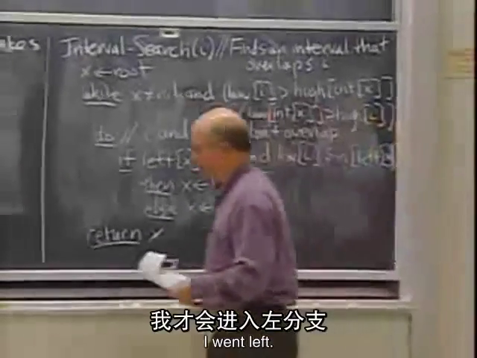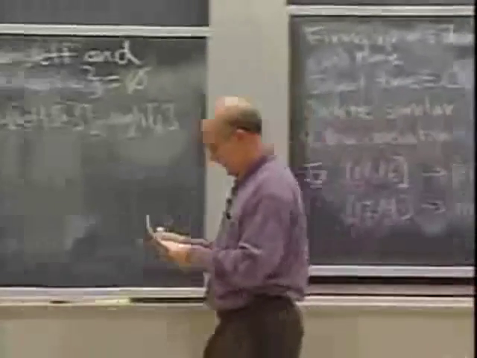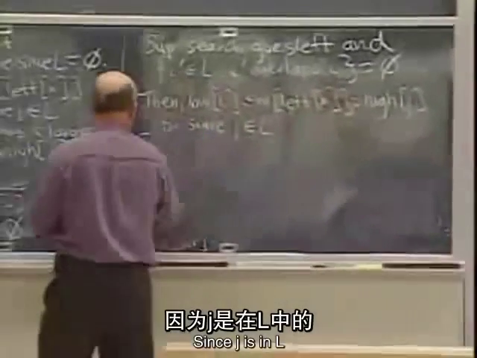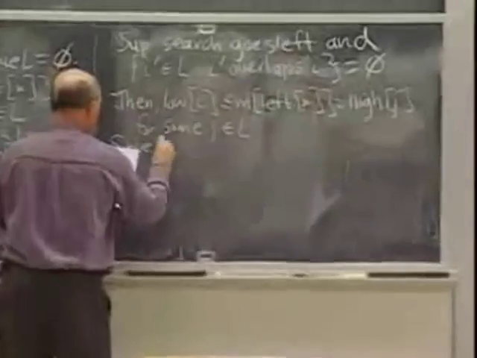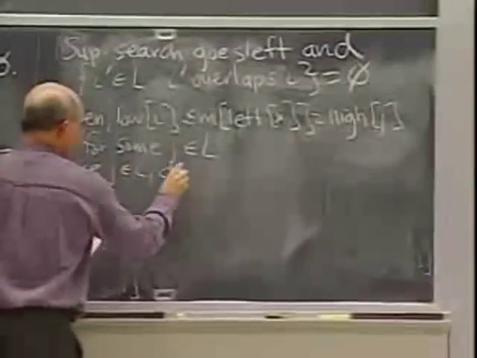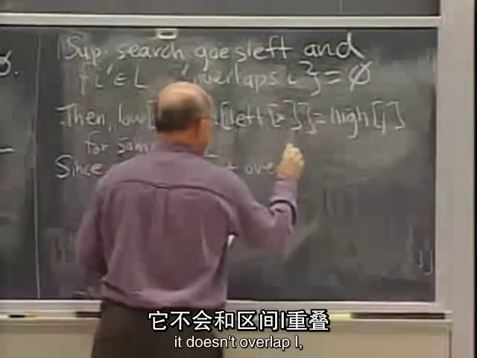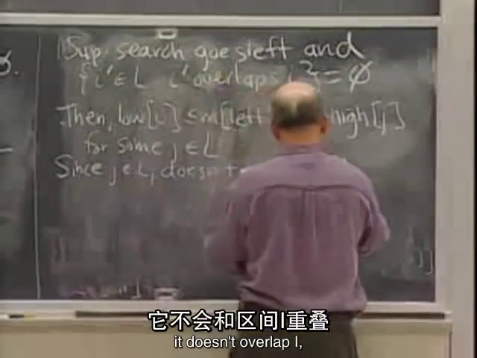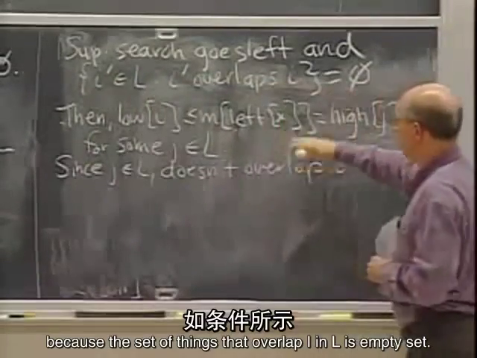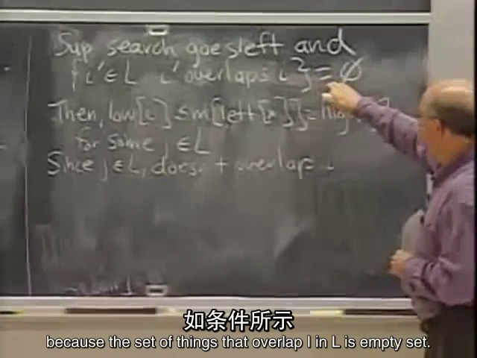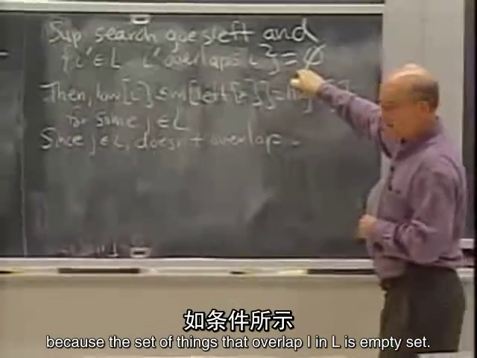Okay, I went left. So since j is in L, it doesn't overlap I, because the set of things that overlap I in L is empty set.